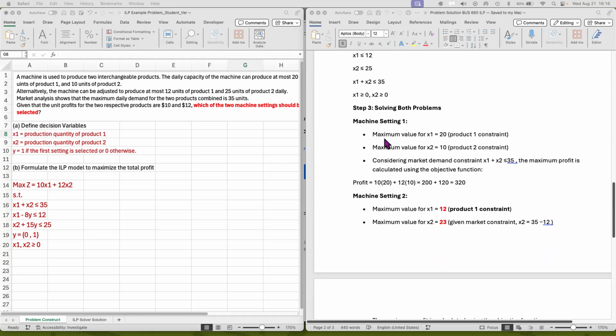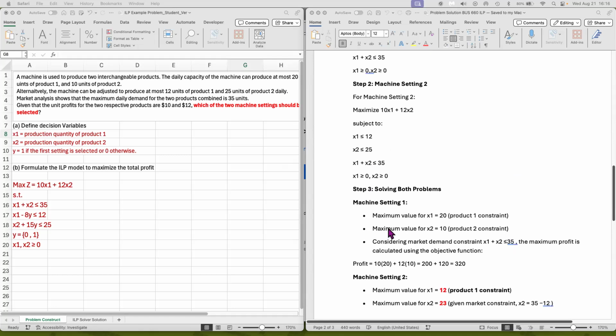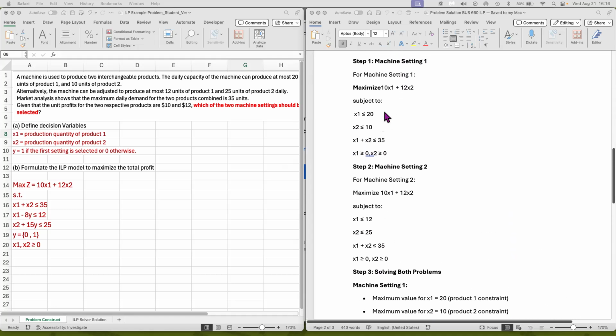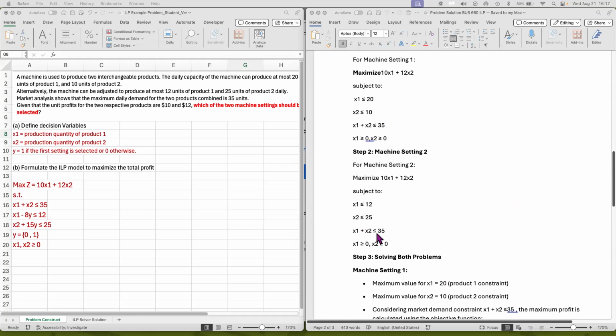Now, this is where we will start to explain why we're using 12 and 25. Everything that we've done so far, we've done in every problem that we've looked at in linear programming. So all of these things should be familiar. This x1 and x2 greater than or equal to 12, greater than or equal to 25 is probably what would cause some confusion.